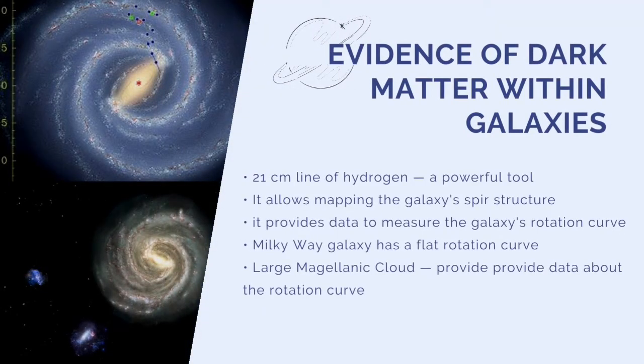Evidence of dark matter within galaxies. The 21 centimeter line of hydrogen is a powerful tool used by astronomers. To probe the structure of the Milky Way, they use the 21 centimeter line of hydrogen because it can penetrate the clouds of interstellar dust particles that obstruct optical observation deep into the galactic center, and thus allows the mapping of the galaxy's spiral structure.